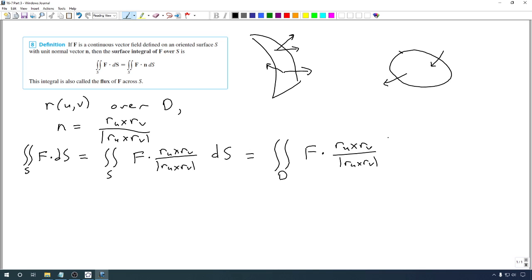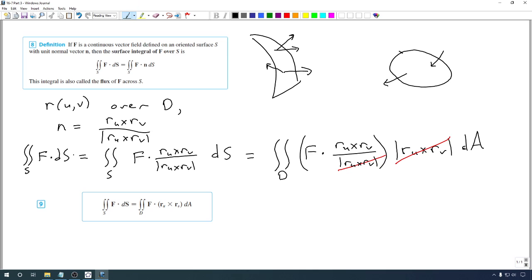But with a surface integral, we take this scalar function and multiply it by the magnitude of r_u cross r_v, and we integrate that over D. In other words, since we can cancel out these two magnitudes, we can calculate the surface integral of a vector field by simply taking the integral over D of F dotted with r_u cross r_v. Which is pretty nice because we don't have to deal with any of the square roots. This is kind of how things happened with our line integrals earlier.